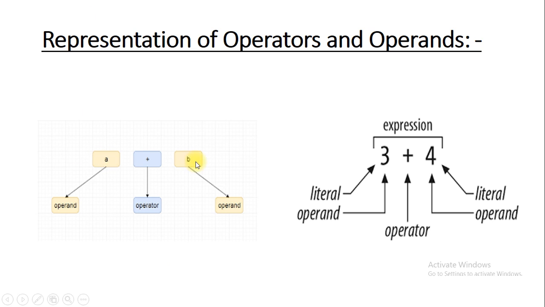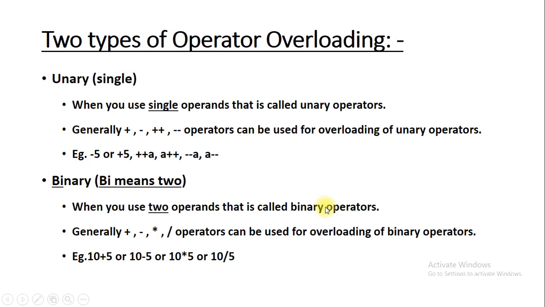In this particular example, A and B stand for operands, and similarly in this example 3 and 4 are called operands. So when there is only a single operand, that is called unary operators, and plus, minus, plus plus and minus minus are the operators which can be used to overload unary operators.